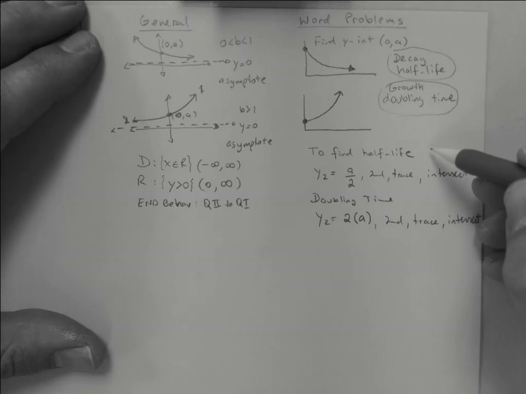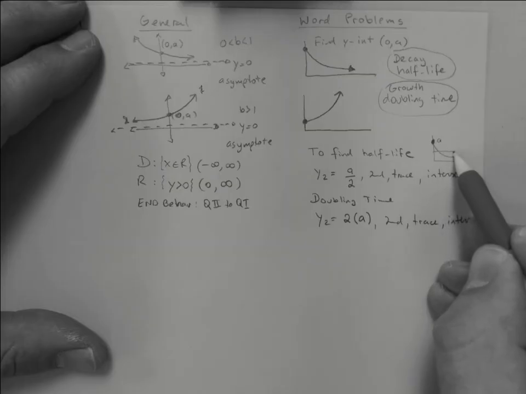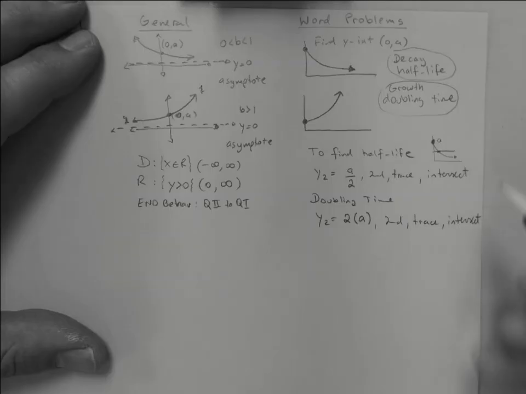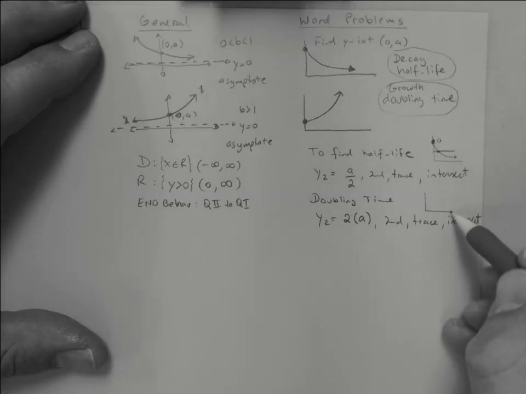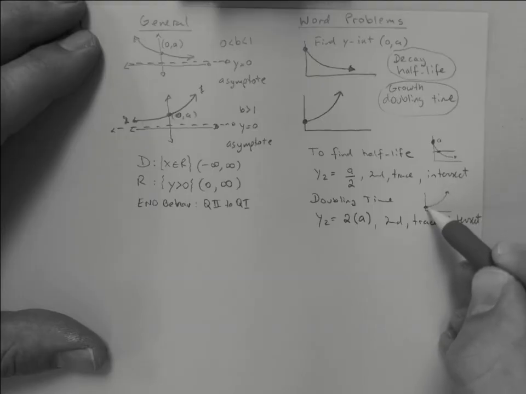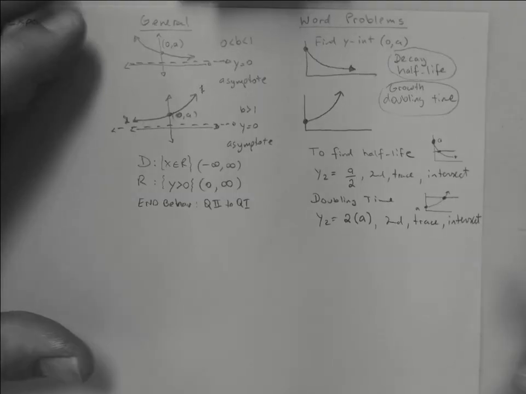If you can squeeze this in, this is A right here. A is determined by that y-intercept or also the equation. And so you're going to find that intersection here. Doubling time involves growth. So if this is A, you're going to double A and find that intersection there.